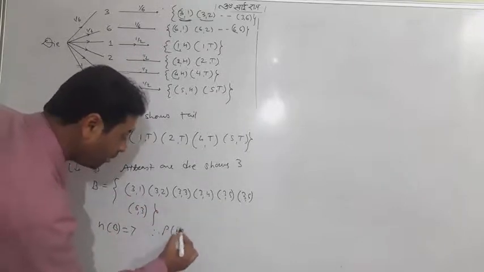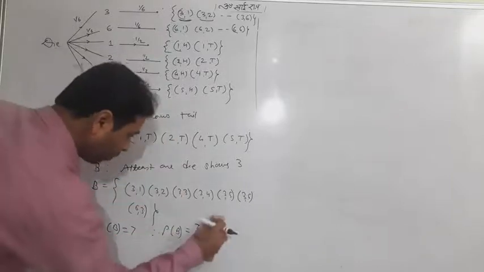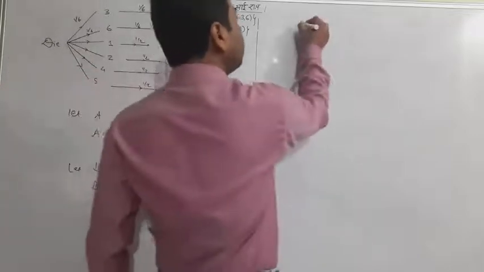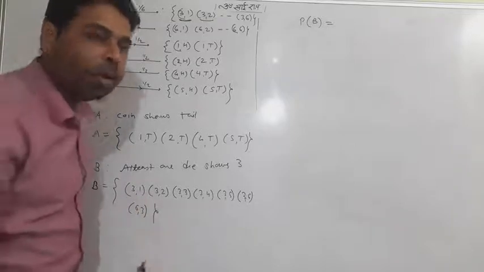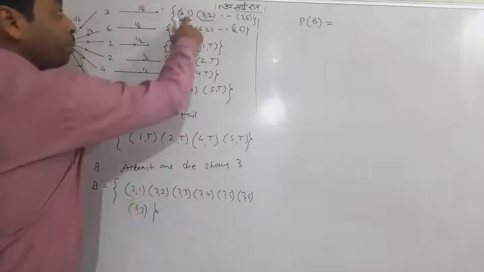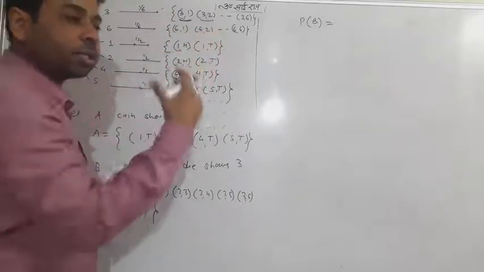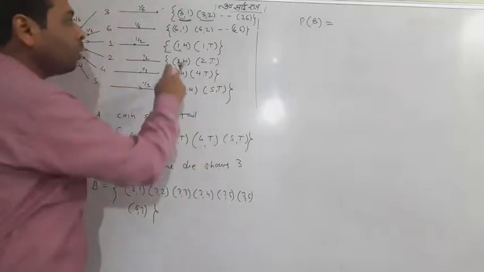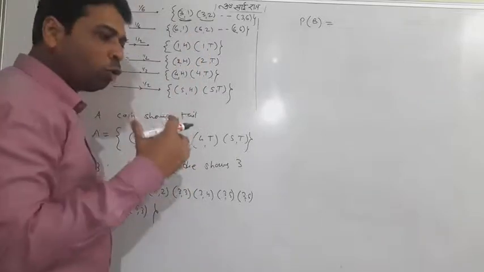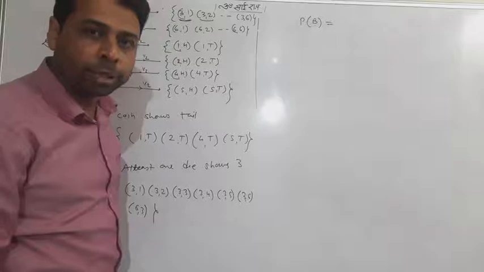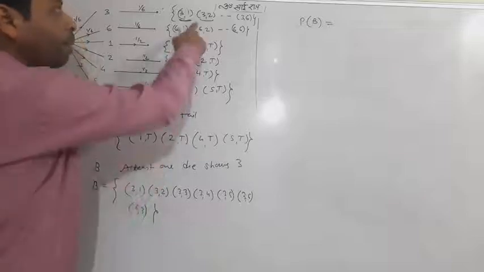The probability of B will be 7 upon how many elements? It is very interesting. Look, one more thing I want to share with you. The probability of B does not depend on 7 upon something. Why? Because 3 1 has a different probability and 6 3 has a different probability. So this time we will add the probabilities, not divide. 3 1 has a probability of 1 by 36, 3 2 has a probability of 1 by 36.